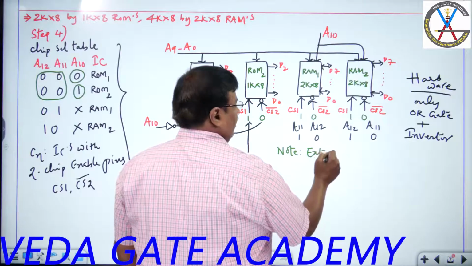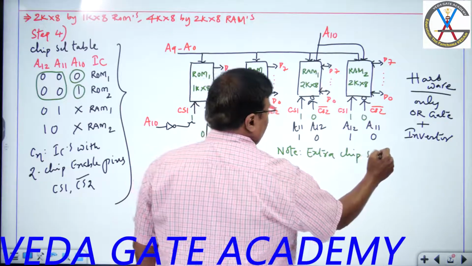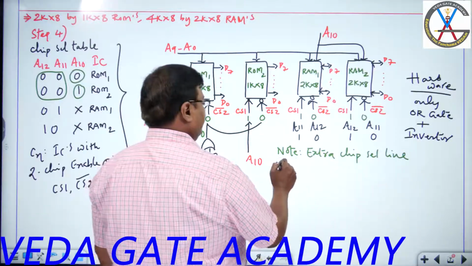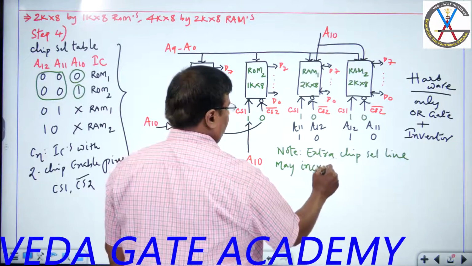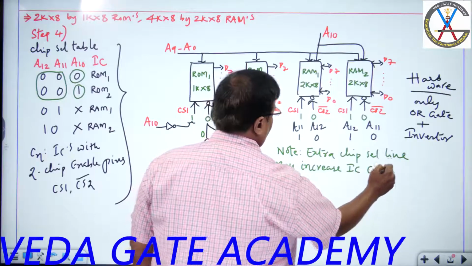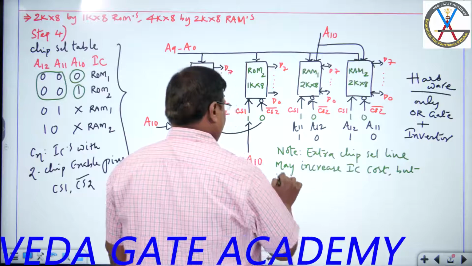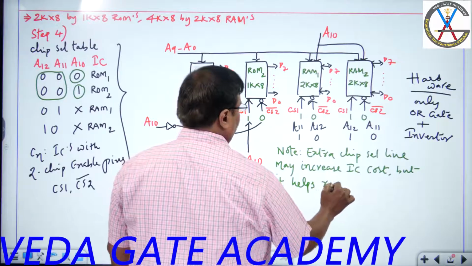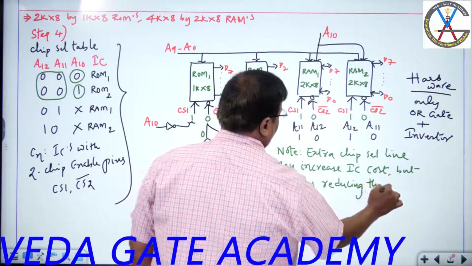Extra chip select line. I repeat, an extra chip select line may increase the IC cost, but it helps reduce the design cost in assembling.